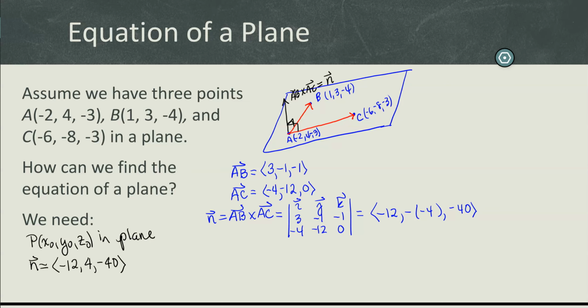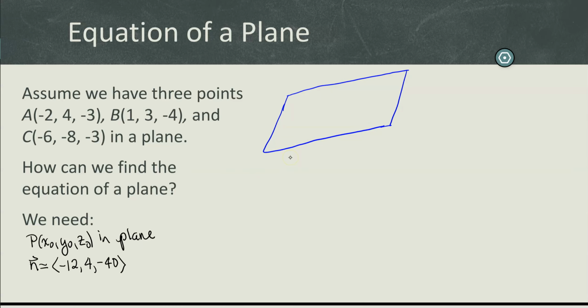So now that we have those two pieces of information, let's take a look at how we use them to create the equation of a plane. Now, to think about how we might use this information about a point and a normal vector to actually create an equation of the plane, let's think about this given point we have, x naught, y naught, z naught.